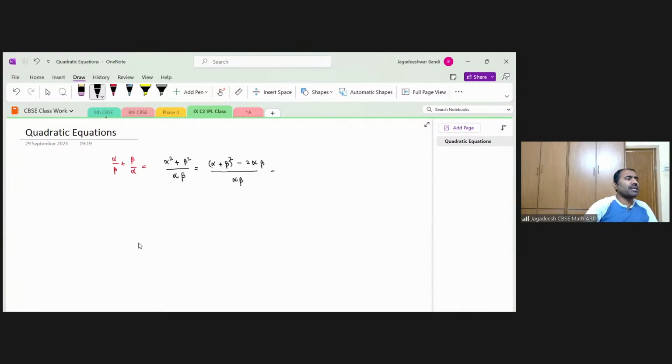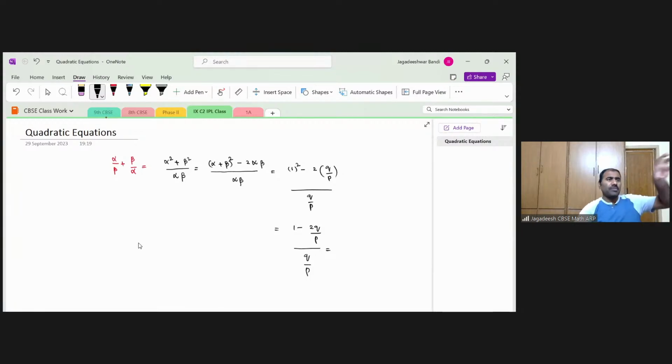So alpha plus beta value is 1, so 1 square minus 2 into alpha beta value q by p, whole divided by again alpha beta value q by p. Fine. 1 square is 1, minus 2q by p, divided by q by p.